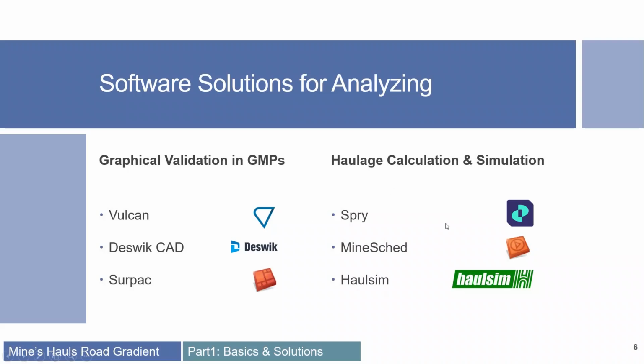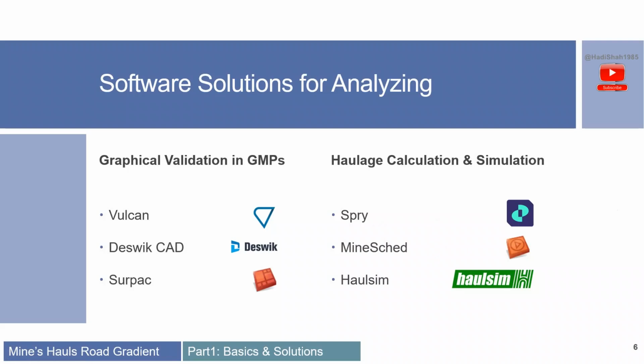Most of the tactical planning and scheduling packages, like Spry from the Macromine group and Mineshift from the Jovia group, do calculations of haulage.